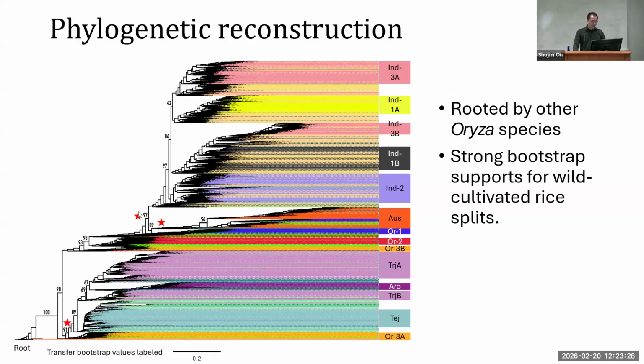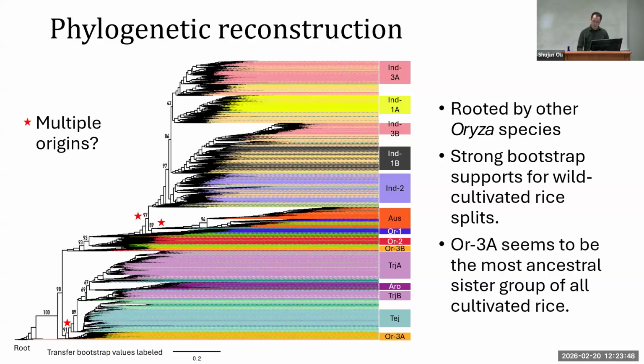Or you can see this star with the OR1 as the closest sister group to OSH and also other indica. So maybe there are two domestications. This tree looks nice, but it has unclear or maybe multiple origins, so we want to explore further.